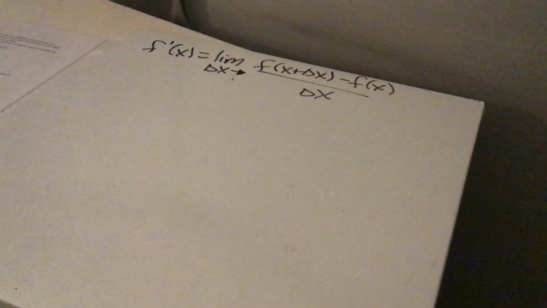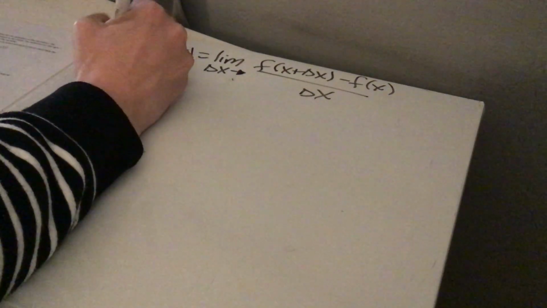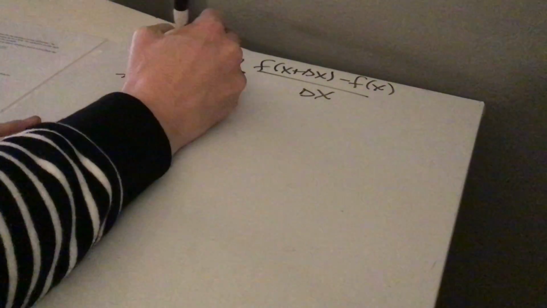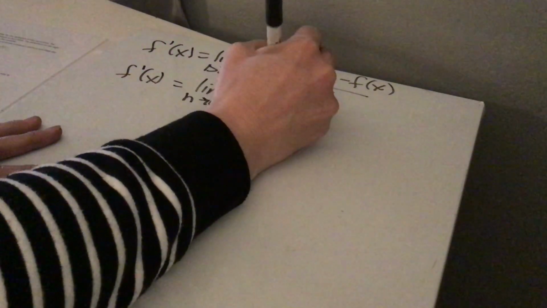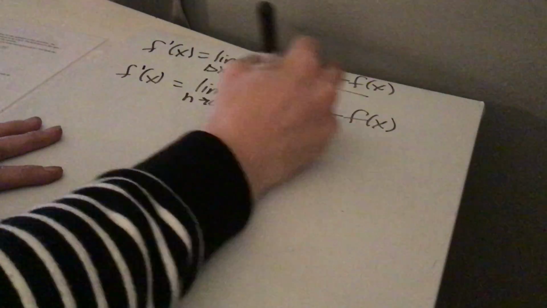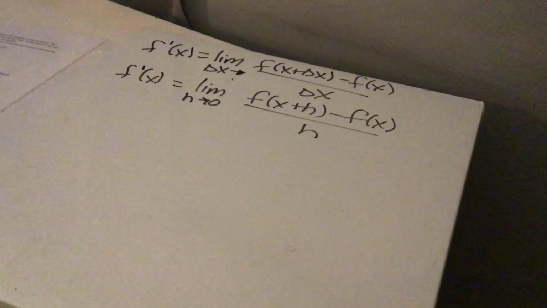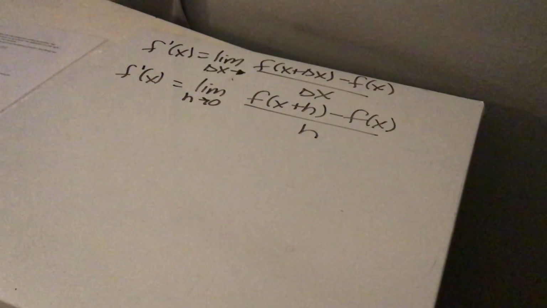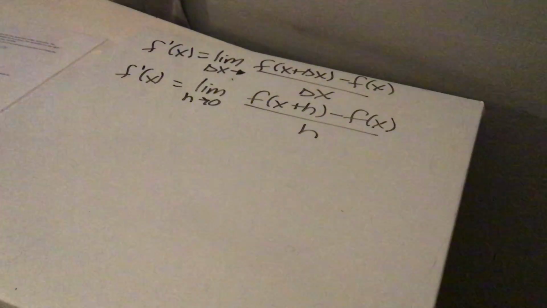This delta x can get confusing if we write a lot of them out, so we define the derivative as the limit as h approaches 0 of f of x plus h minus f of x, over h. These mean the exact same thing, whether we use a delta x or an h.